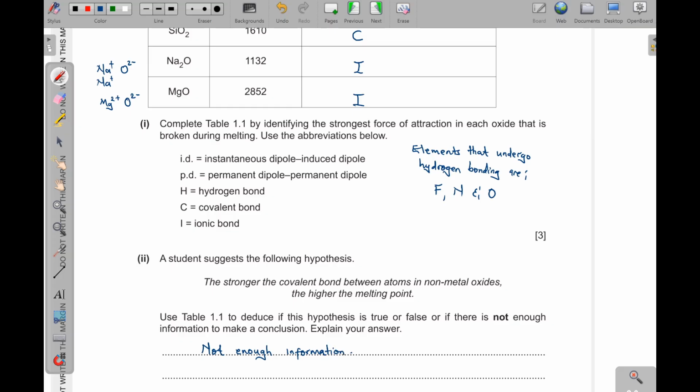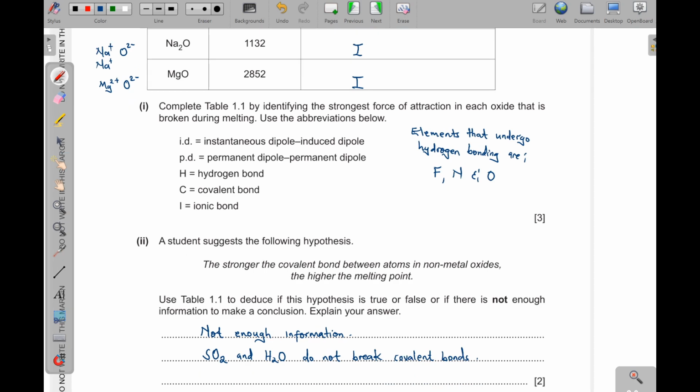And then my reasoning will be sulfur dioxide and maybe water do not break covalent bonds. Don't break covalent bonds when they are melting. You see it, just the intermolecular forces of attraction in between the molecules.